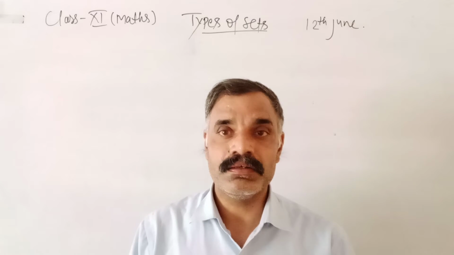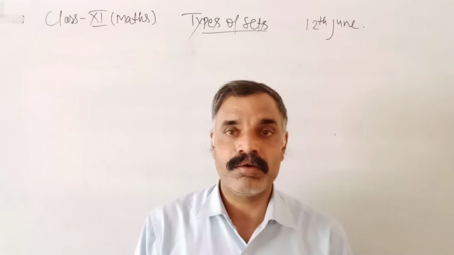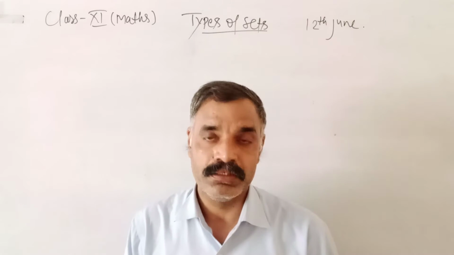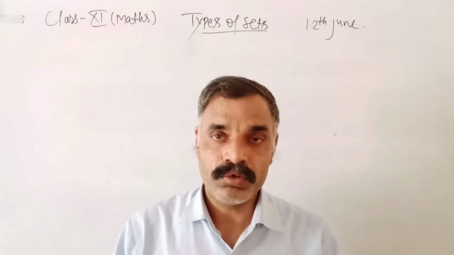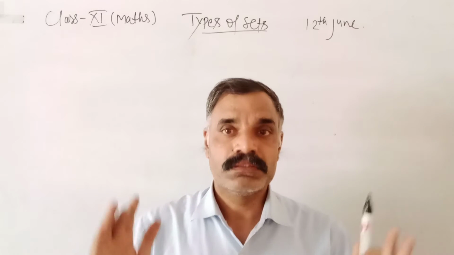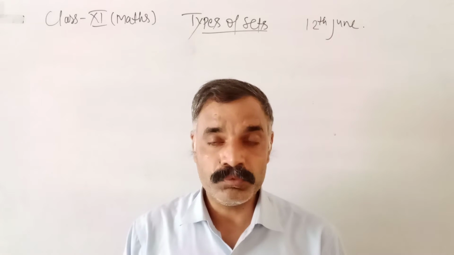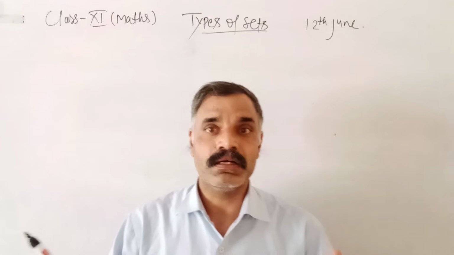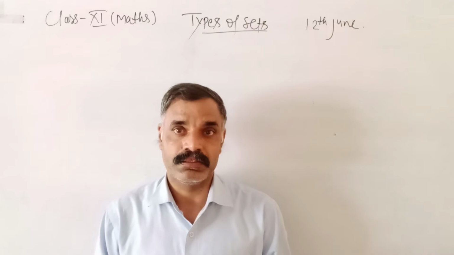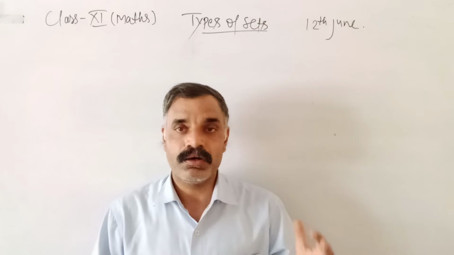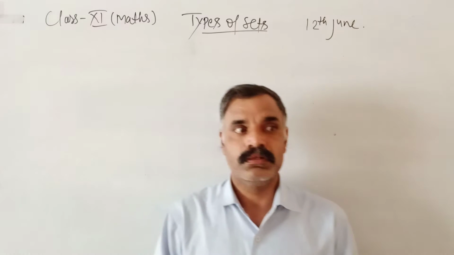In previous videos we have already learned about the introduction of set theory and the formation of the set. There are two methods of forming the set. First one is the set builder method, that is the original and the oldest method of the two.